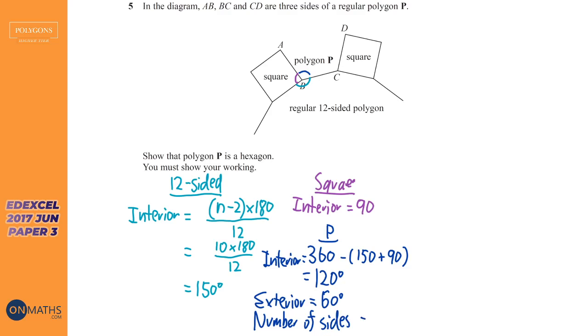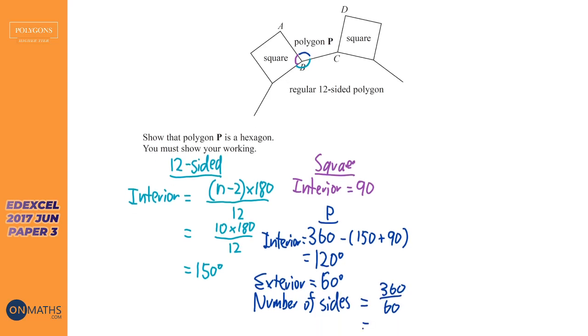We use the formula we used before, so it's 360 divided by the exterior angle, which will be 60. And that will be 6, which is good because we're trying to show that it is a hexagon, and a hexagon has 6 sides, therefore we've shown it.